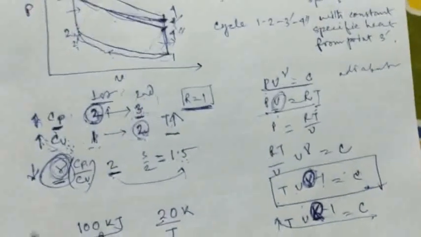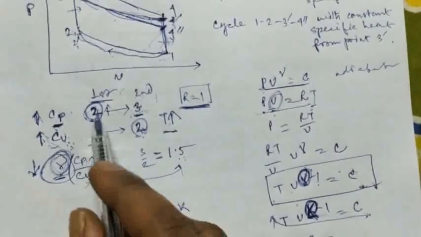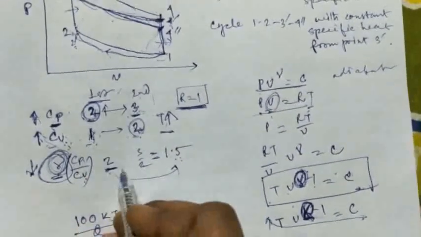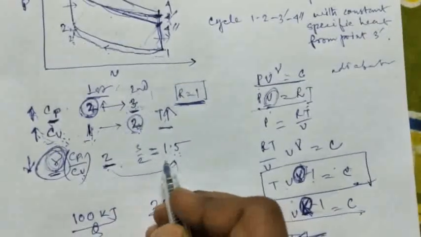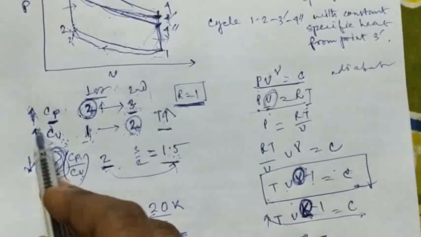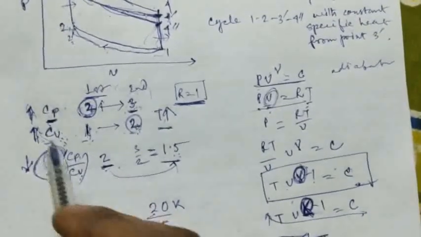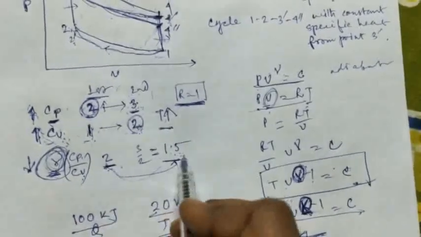Now we know the value of gamma, which is equal to Cp by Cv, in the first case was 2 by 1, that is 2. In the second case 3 by 2, that means 1.5. So as specific heat increases, the value of gamma decreases from 2 to 1.5.